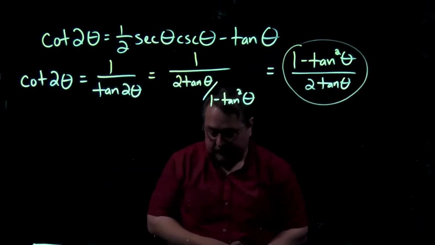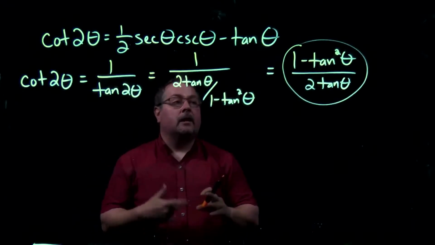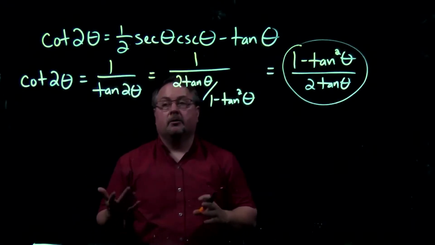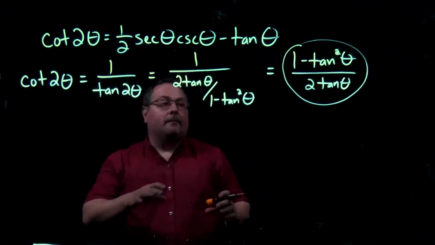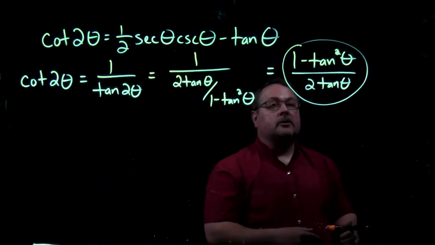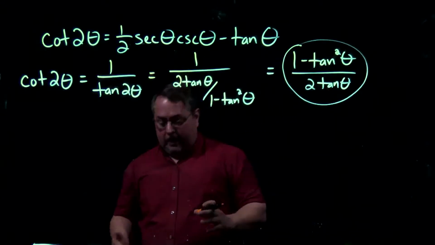So we want to think about some of the stuff we were doing at the beginning part of this unit when I talked about the techniques in the first 2 videos to prove identities. When we have fractions and when we have a sum or difference in the numerator, it often makes sense to break that fraction up.